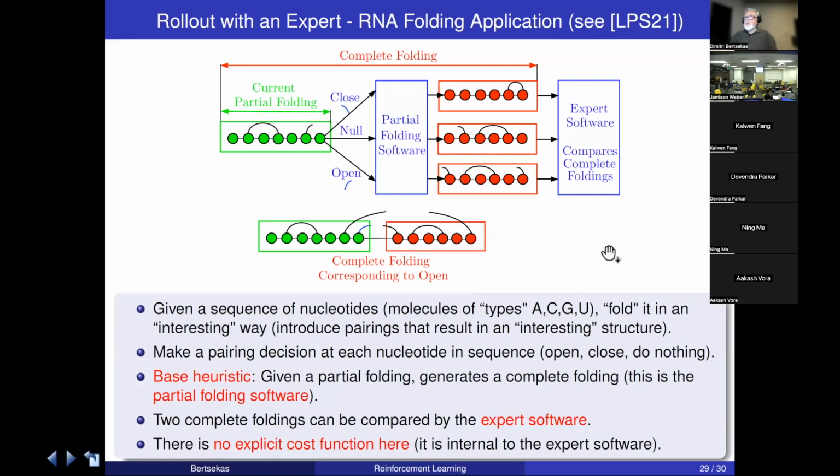An interesting thing about this problem is that there is no optimal solution. However, there are useful solutions that Rollout can generate by using expert software, different types of expert software and different types of partial folding software. We had some success with this algorithm, but I'm not going to go into further detail. Treatment of constraints here is complicated.